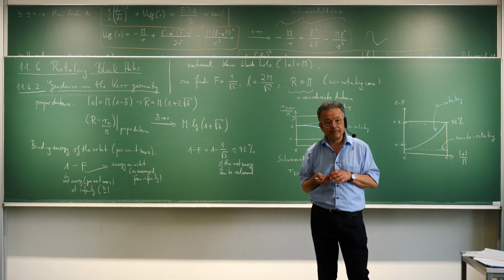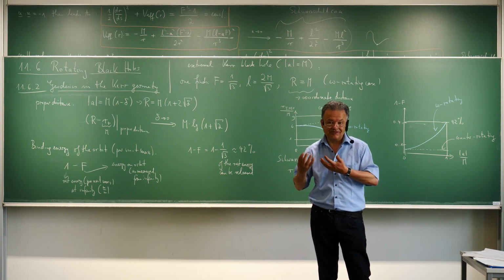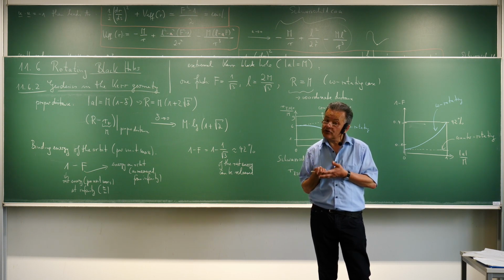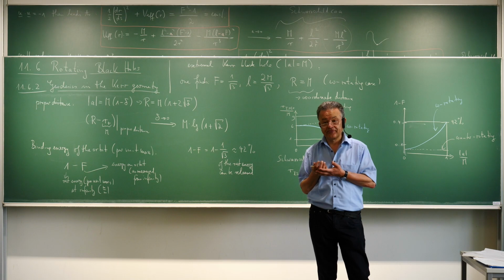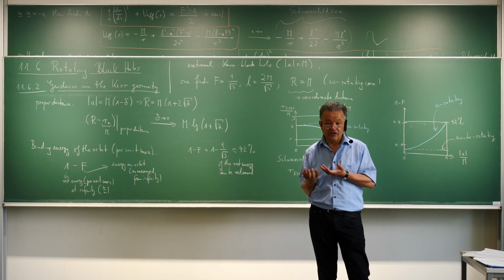So next time we will go back to the Kerr geometry and find the most interesting region, that is something new and only possible in relativity, the so-called ergosphere. The ergosphere is something that is outside the event horizon, which has very bizarre properties. In particular, it allows you, in principle, to extract energy from the rotating black hole.